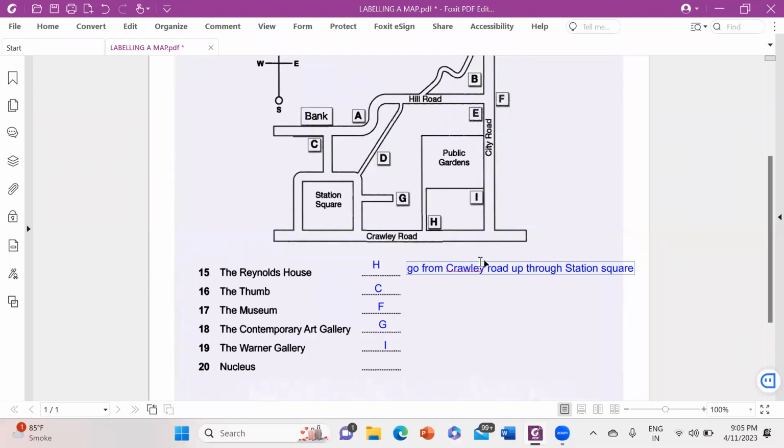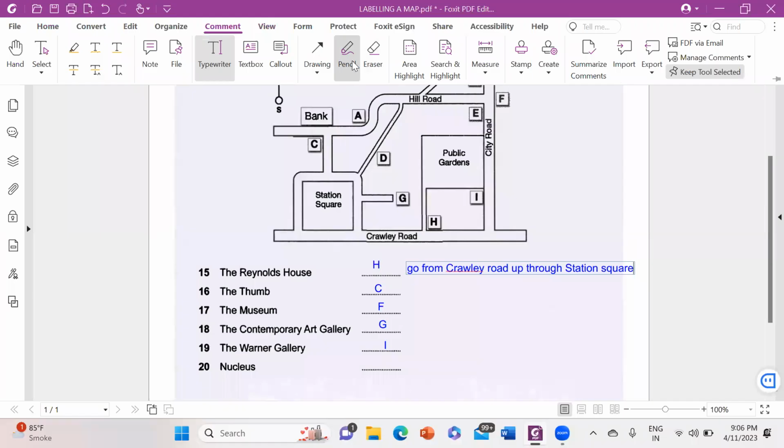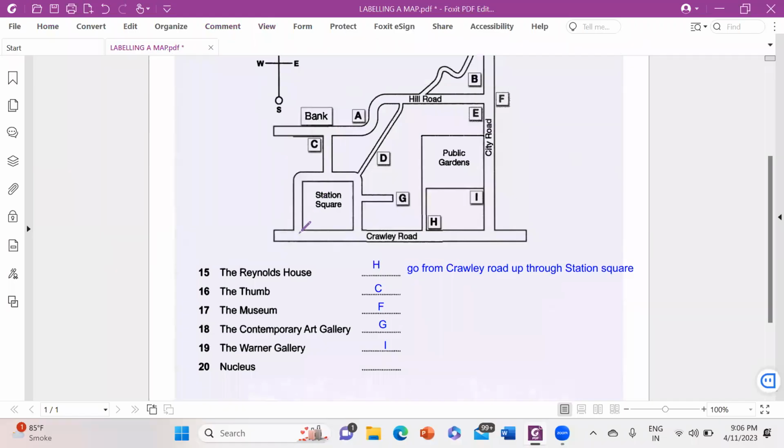Go from Crawley Road up through Station Square. So you can see this is Crawley Road, right? Go up through Station Square, up.